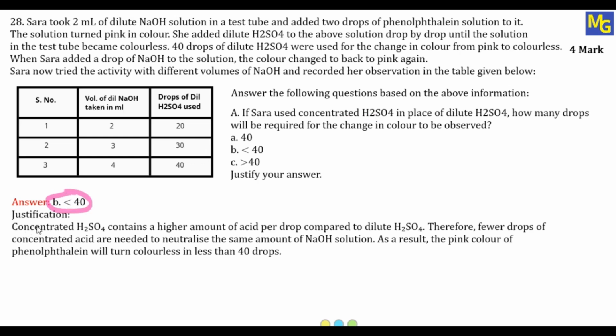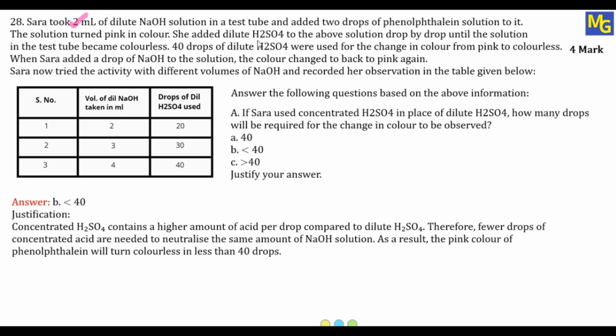Now what is the justification? Same thing which I have explained. Concentrated H2SO4 contains a higher amount of acid per drop compared to dilute H2SO4. Therefore, fewer drops of concentrated acid are needed to neutralize the same amount of NaOH. Here they have not changed the amount of NaOH, the amount of NaOH is the same, that is 2 ml.